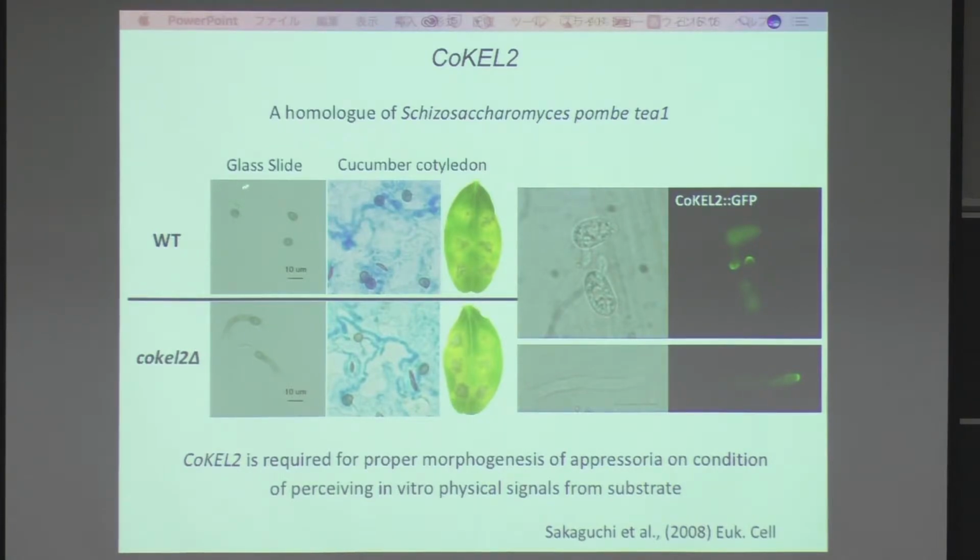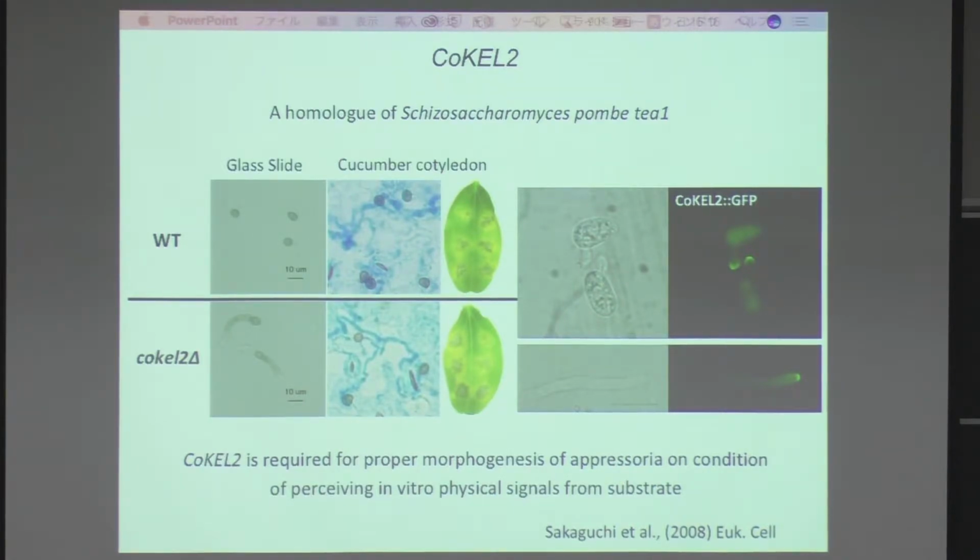On the glass slide, the model substrate, the COK2 mutant formed abnormal appressoria, quite different from the wild type. However, interestingly, or rather surprisingly, the mutant formed normal appressoria and penetration hyphae similar to the wild type on the plant and retained full pathogenesis as the wild type.